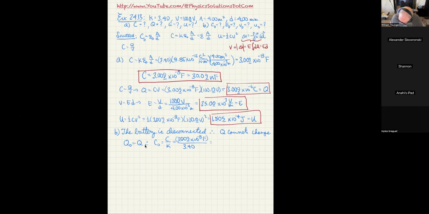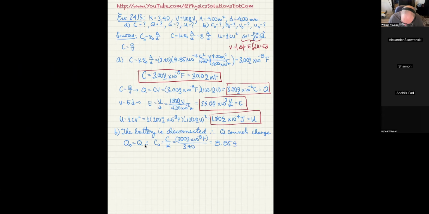3.009 times 10 to the negative 8 divided by 3.40 gives me 8.85. As you notice, all the numbers cancel out, so we get a mantissa that looks surprisingly like the mantissa of the epsilon 0. So that's 8.85. If I remember correctly, the next digit is 4 in that. So I'll just put that here, just pretending like I remembered for sure that that's it.